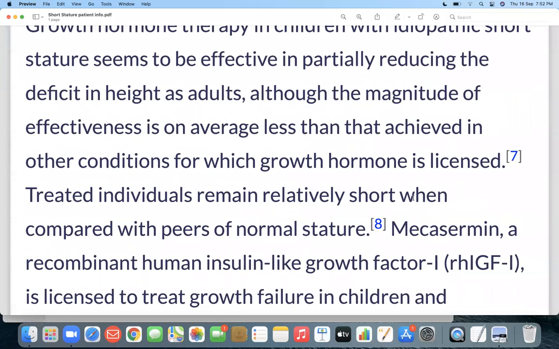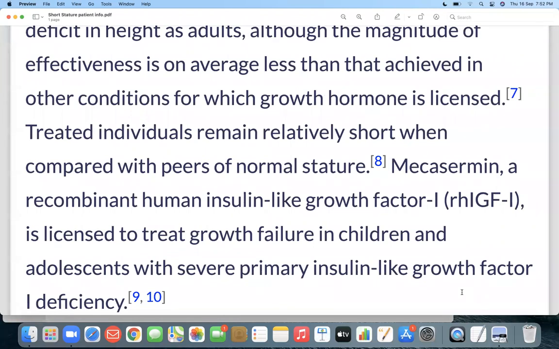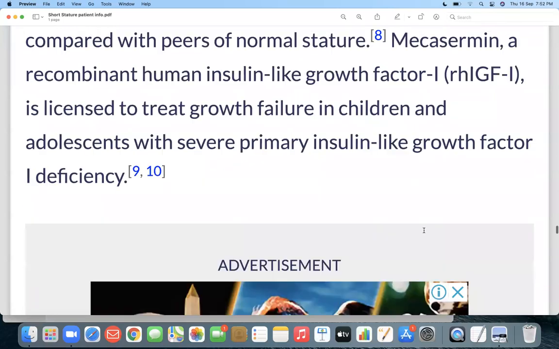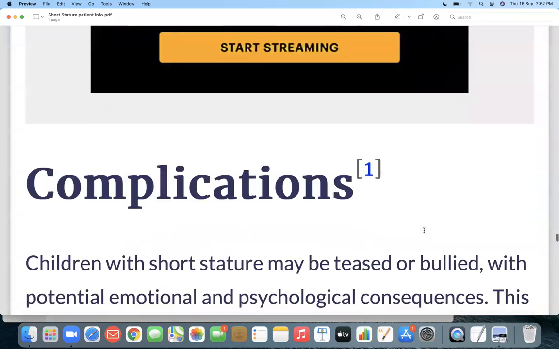Treated individuals remain relatively short when compared with peers of normal stature. Mecasermin, a recombinant human insulin-like growth factor, is licensed to treat growth failure in children and adolescents with severe primary insulin-like growth factor deficiency. No need to go into details.